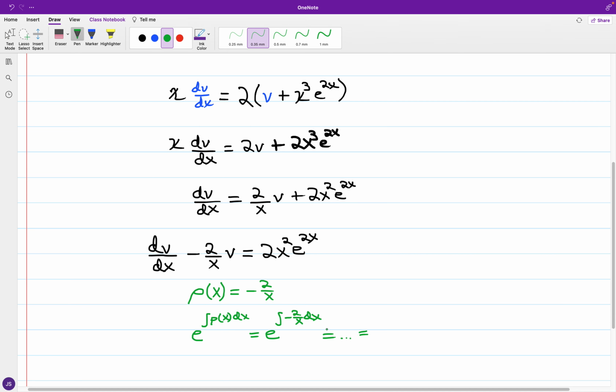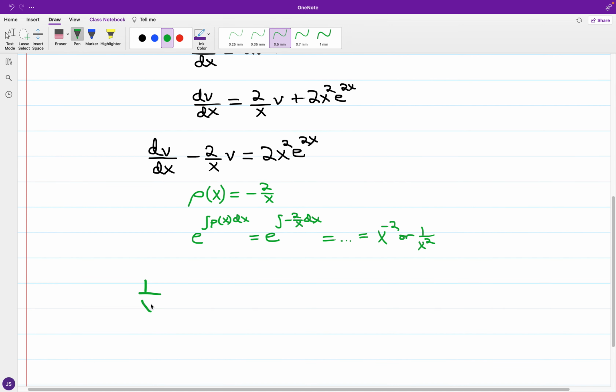Ultimately, you have e to the negative 2 times the natural logarithm of x, or x to the negative 2, or 1 over x squared. Using this to multiply, again, you have dv over dx minus 2 over x times v, and 2x squared over x squared, that's going to leave us with 2, times e to the 2x.